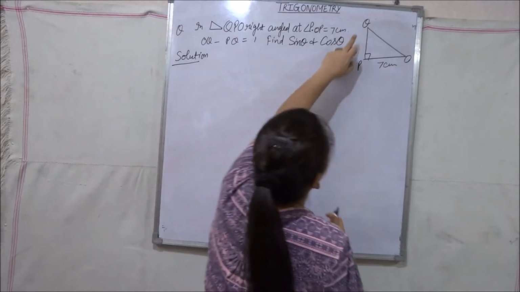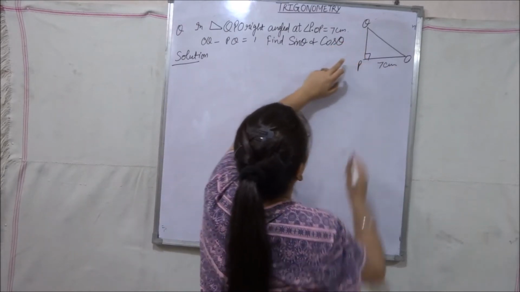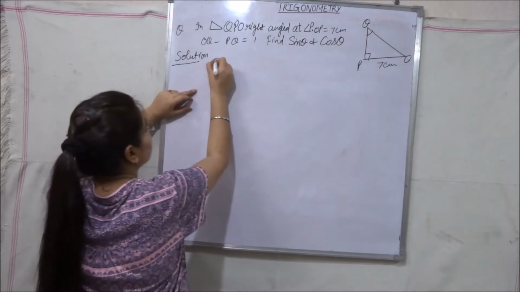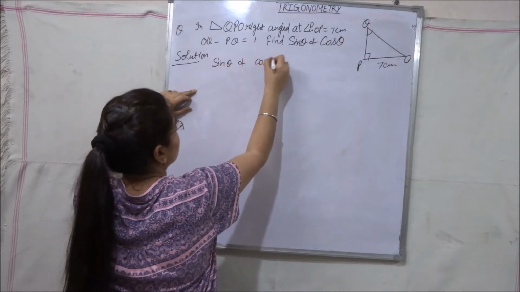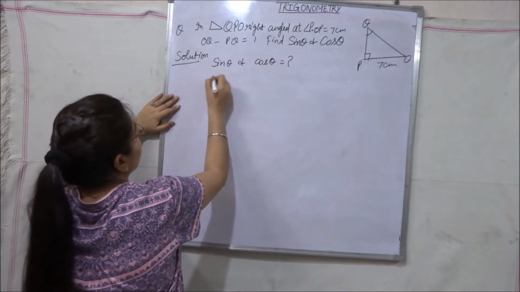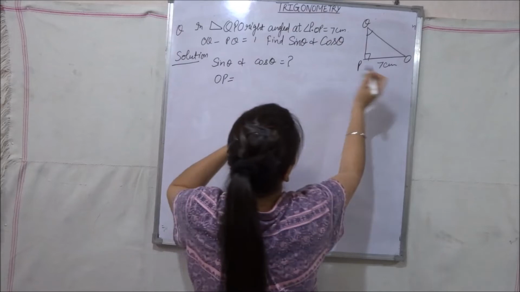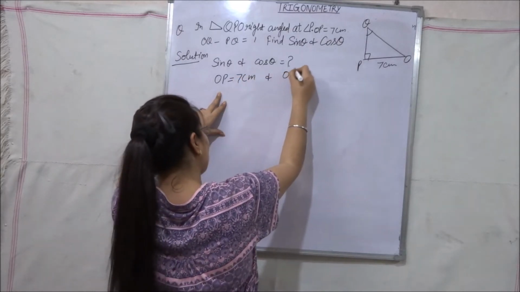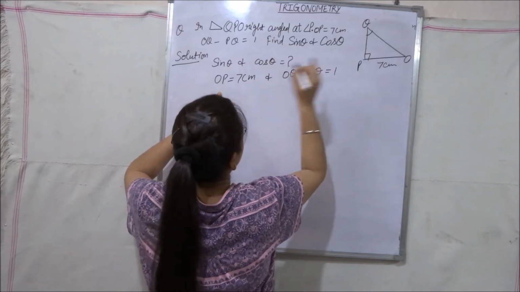Now we have a triangle QPO, which is right angled at P, and we have to find the value of sin Q and cos Q. It is given that side OP is 7 cm and the difference of sides OQ minus PQ is 1 cm.